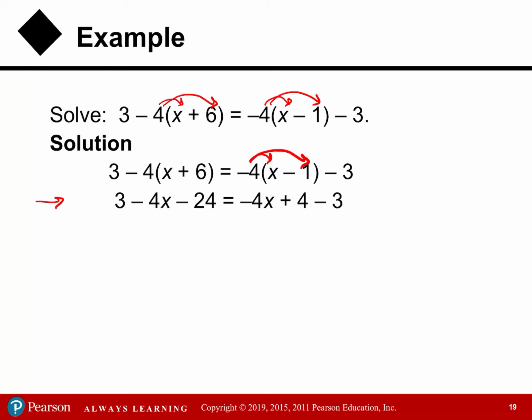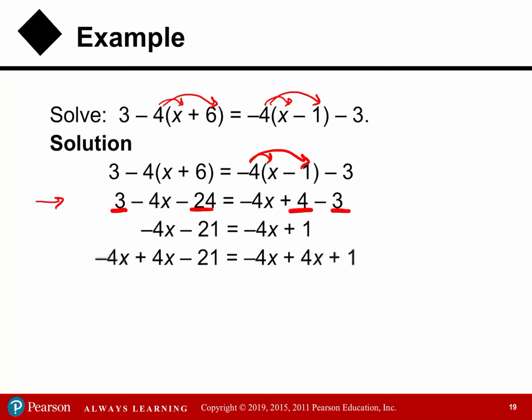Well, let's clean up our equal sign. So we have 3 minus 24 on one side and 4 minus 3 on the other side. Okay, let's move our x's. So we do plus 4x, that's gone, plus 4x, whoa, that's also gone. What do we have left? So my x's are gone, and we're left with negative 21 equals 1.